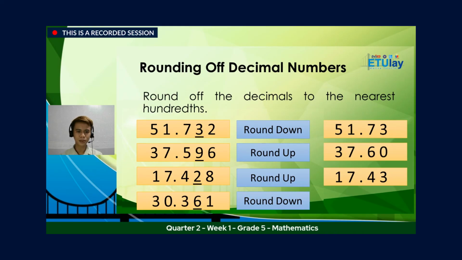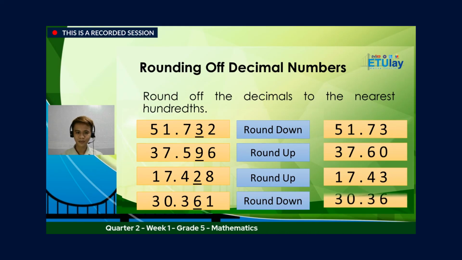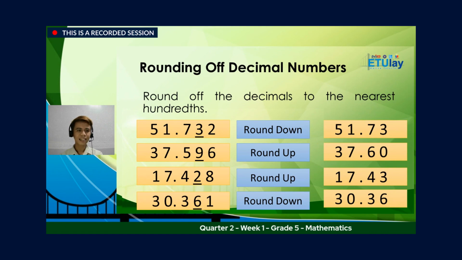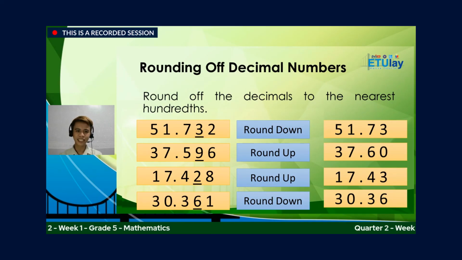And we need to round down. And our answer is 30 and 36 hundredths. I hope you get all the correct answers in rounding off the decimal numbers to the nearest hundredths.